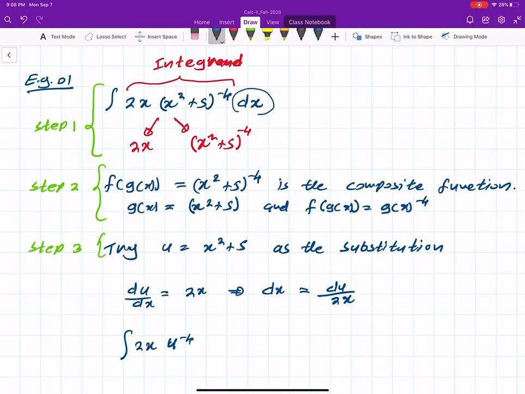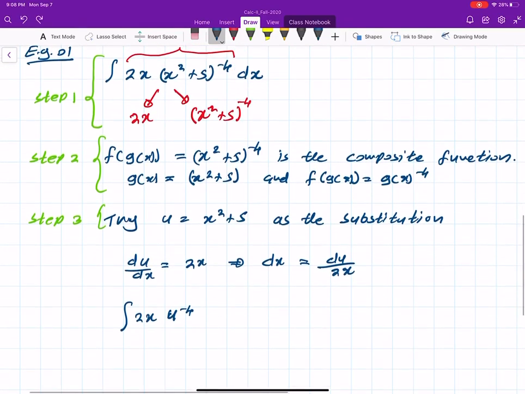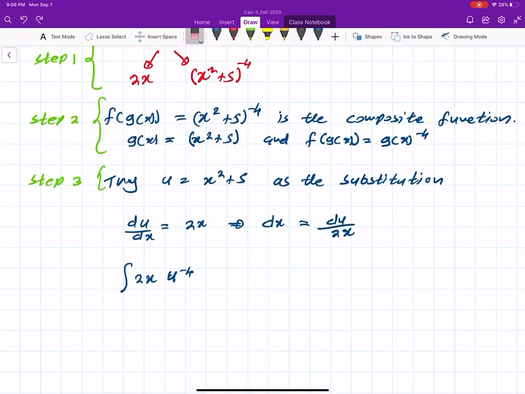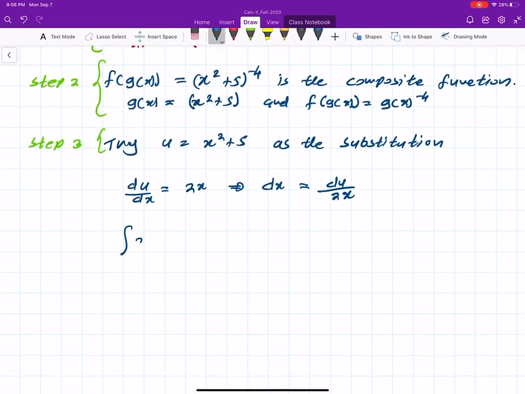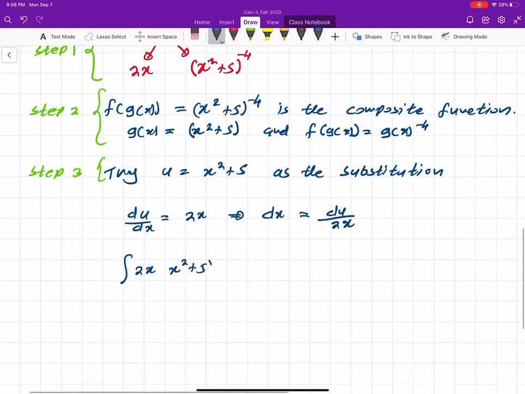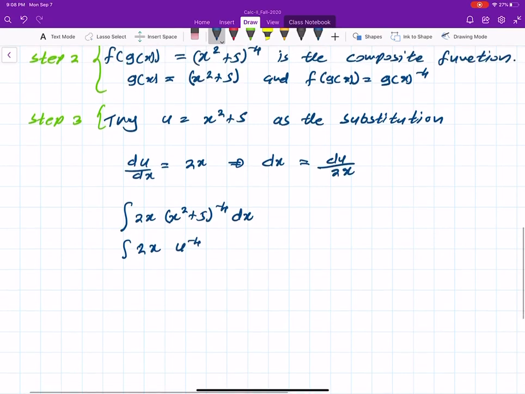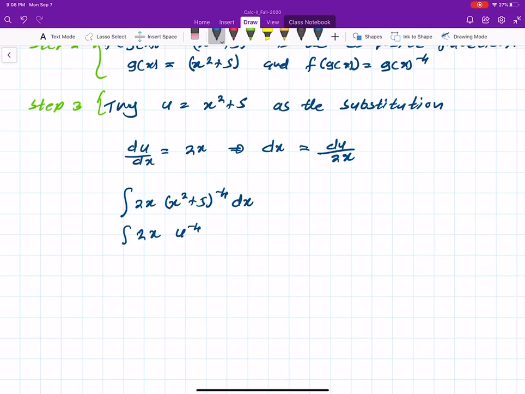And for dx, I can again substitute. First, I better write that statement again down here, which is the integral of 2x times x to the power 2 plus 5, to the power minus 4, dx. So this equals 2x, and for that you write u to the power minus 4, and for dx you write du over 2x.